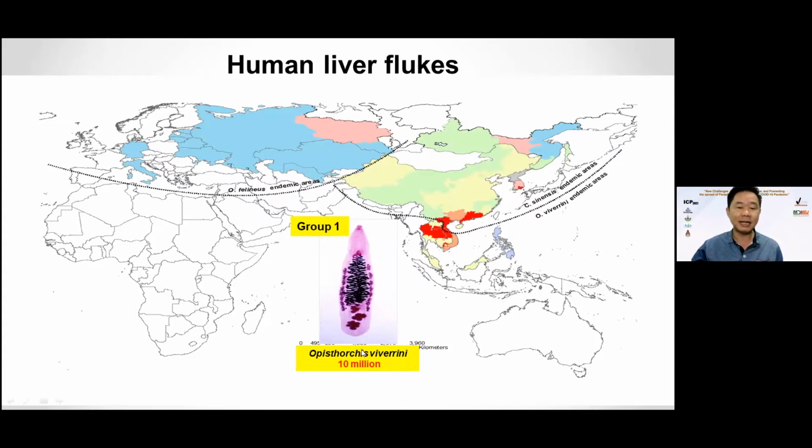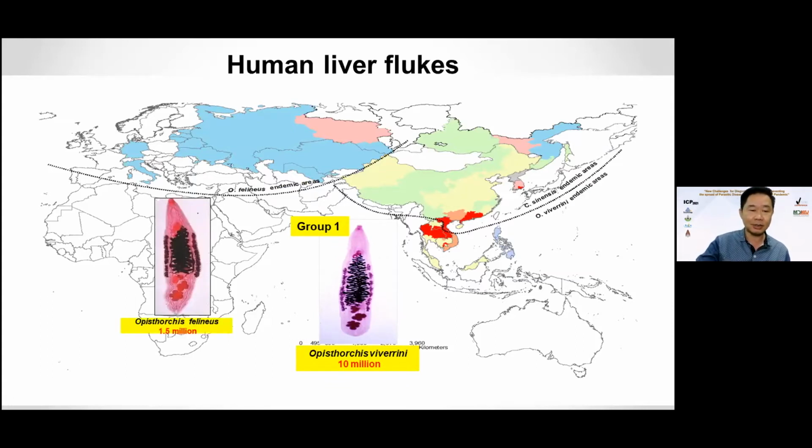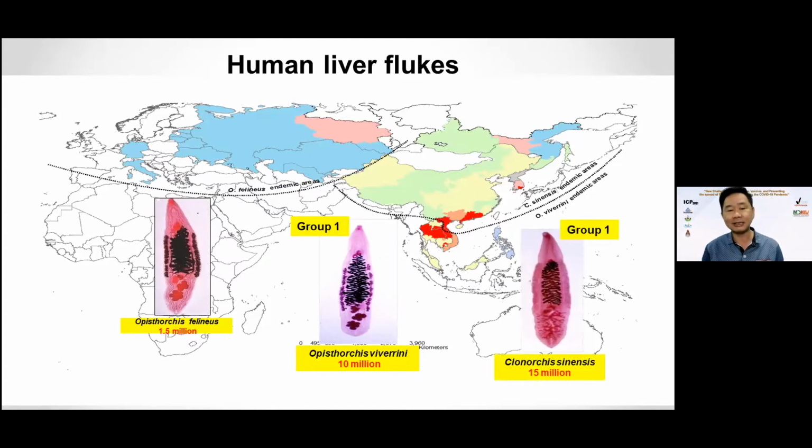Opisthorchis viverrini infects 10 million people and is classified as a group 1 carcinogen, as are Opisthorchis felineus and Clonorchis sinensis. I'm working on Opisthorchis viverrini, a liver fluke endemic in the sub-Mekong region, including northeastern Thailand, Cambodia, north of Vietnam, and Laos. Many of you may have this problem as well.